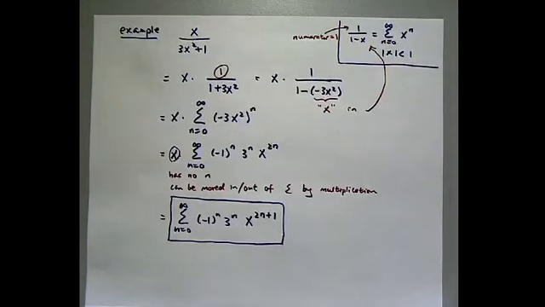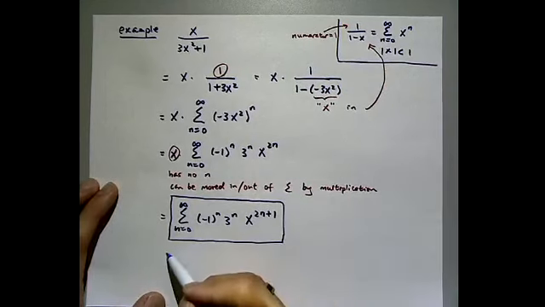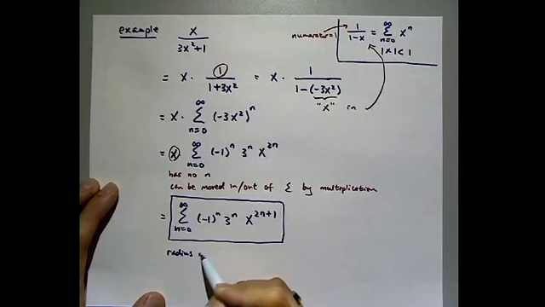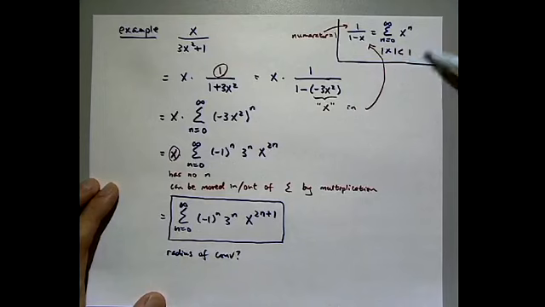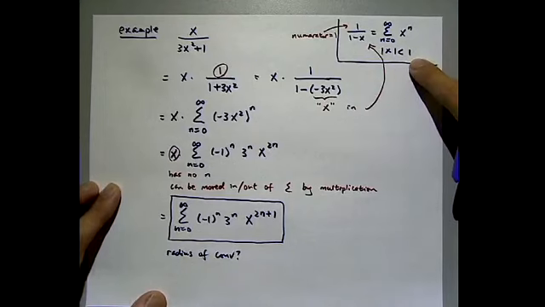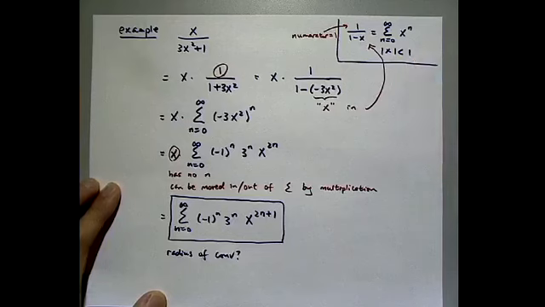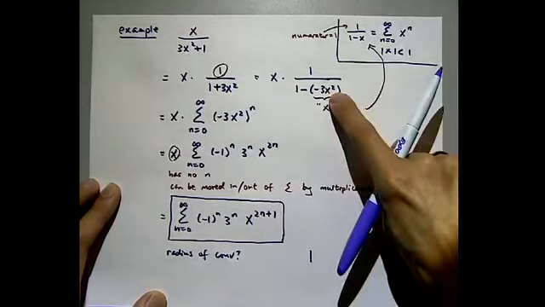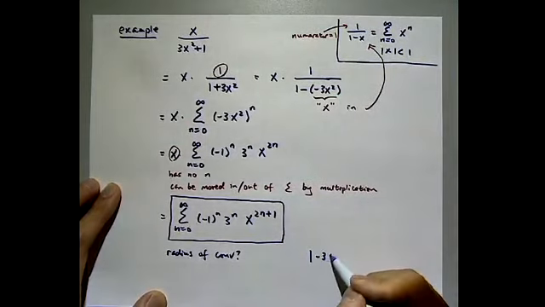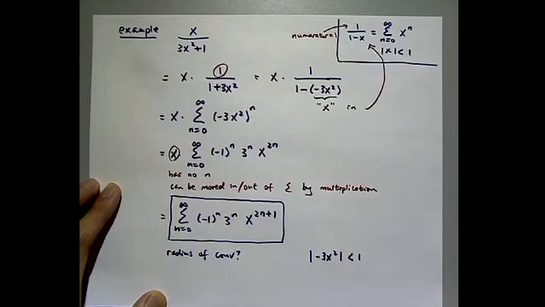And you can write out a few terms if you want to see explicitly what it looks like. Again, we have to make sure this makes sense by writing out what the radius of convergence is. And just like last time, you go to the convergence property of geometric series. It says that the absolute value of x, in quotes, which is this guy right here, must be strictly less than 1.